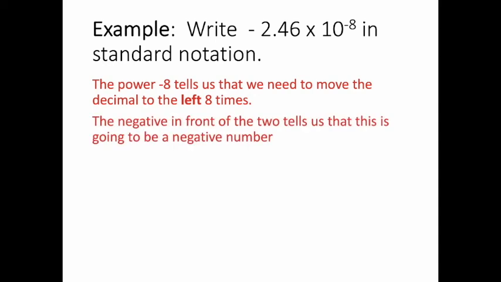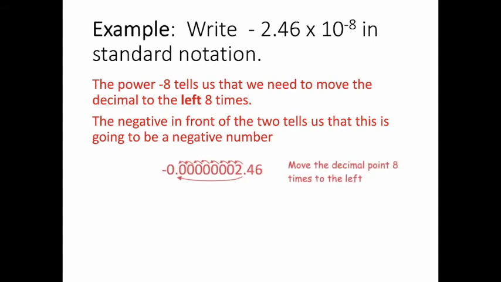The negative sign in front of the 2 tells us that this is going to be a negative number, so we need to remember to put our negative sign in our answer. Our answer is negative 0.000000246. So we've got 7 zeros in there.